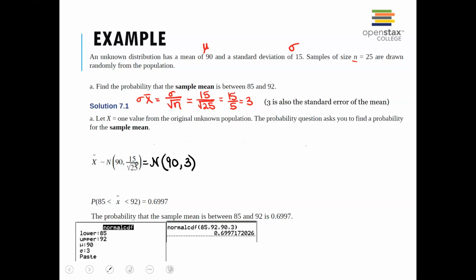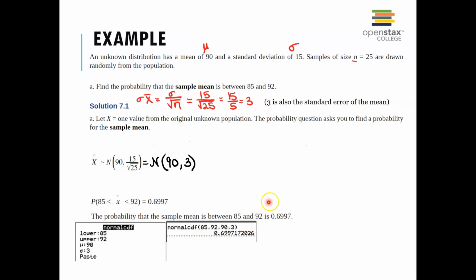All right, and remember that the way that you find your normal CDF is you go to second distribution, and then select normal CDF. Now, for your normal CDF, if you have your wizard on, it's going to prompt you for your lower value of 85, your upper value of 92, your mean of 90, and your standard deviation of 3, or if you don't want your wizard on and you would rather just type it in directly on your own, you can do that as well.